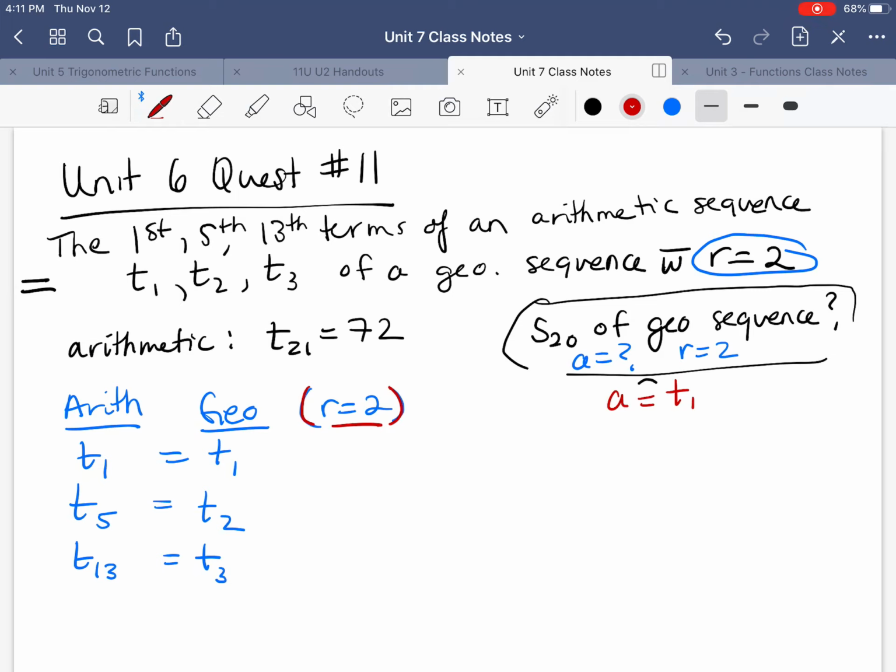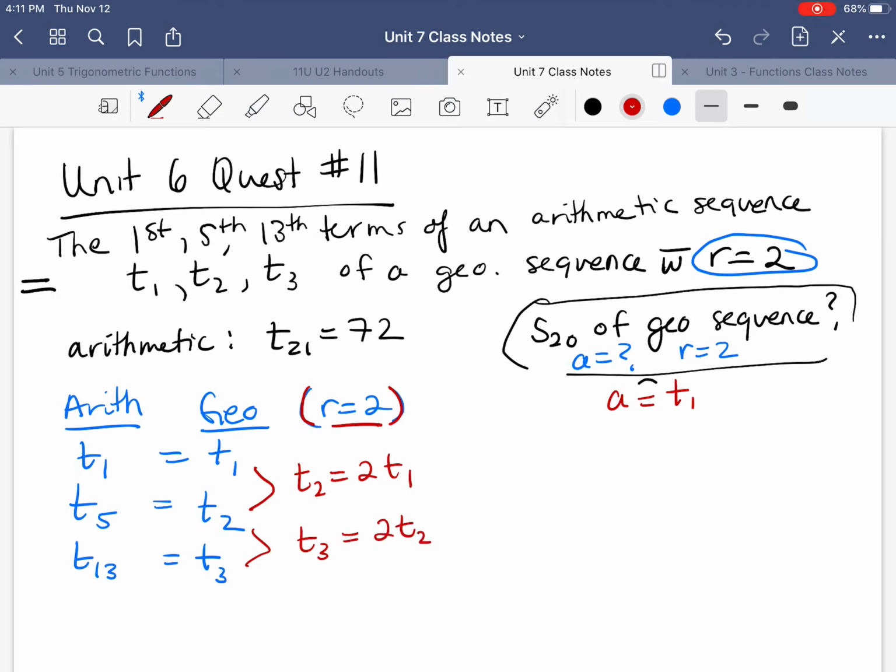When we have a common ratio of 2 for a geometric sequence, each successive term is twice as much as the previous term. So T2 is equal to 2 times T1, and T3 is equal to 2 times T2.